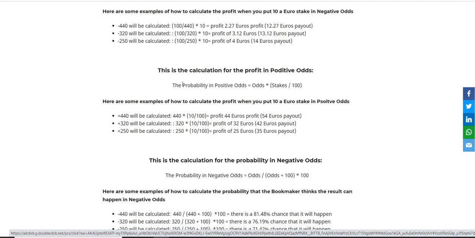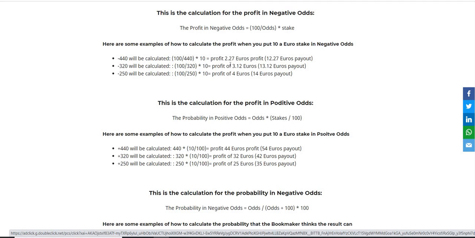And you can check here the profit for minus 440. You can check the formula from here, and it's a 2.27 euros profit. For every 10 euros stake, for this odd, you will get 12.27. And if you take plus 440, it means that you go on the underdog. You will have 440 multiplied by 10, which is the stake, divided by 100, so you will have 44 euros profit for a 10 euros stake.